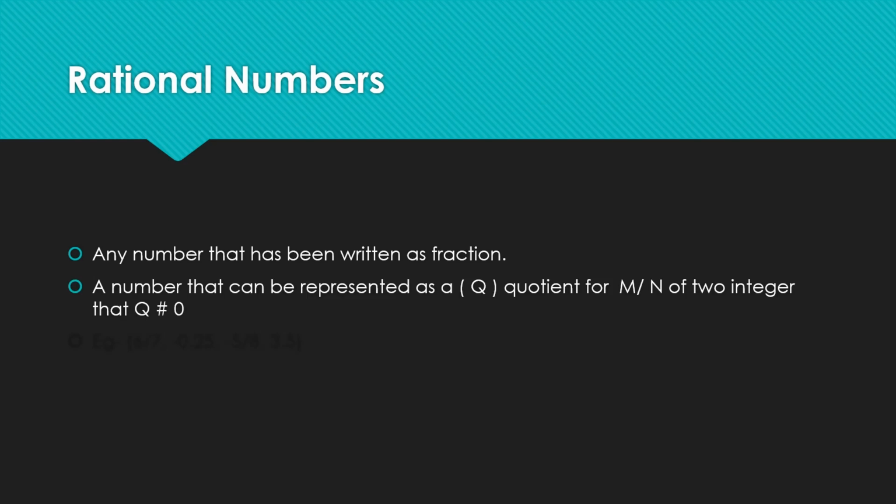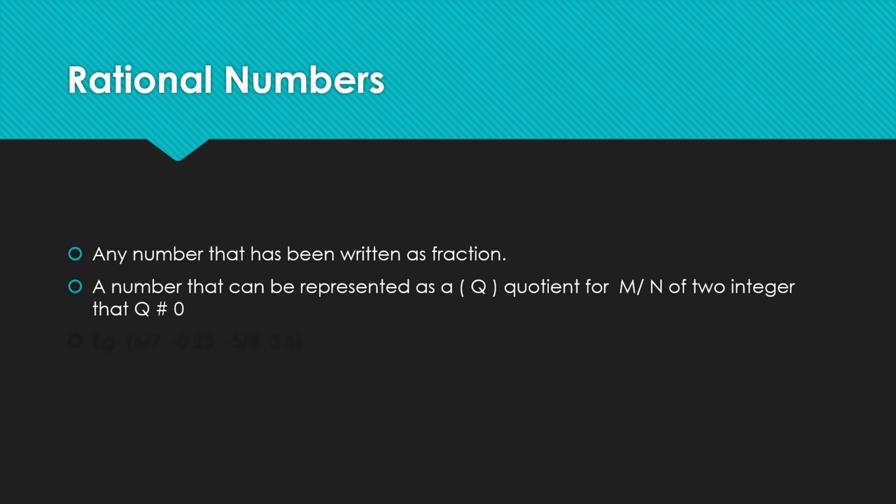In other words, it is a number that can be represented as a quotient m by n of two integers, where n is not equal to 0. Here m is the dividend and n is the divisor. If we divide m by n, we get a quotient.